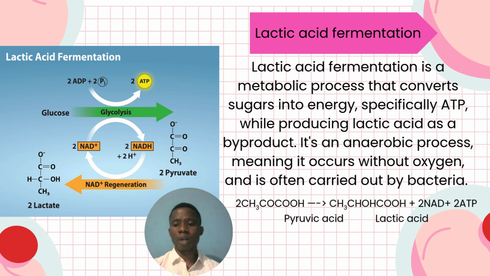Now let's look at the energy production. How does it produce energy? During glycolysis, a small amount of ATP, that is a net of 2 adenosine triphosphate, is produced from 2 ADP plus 2 Pi.